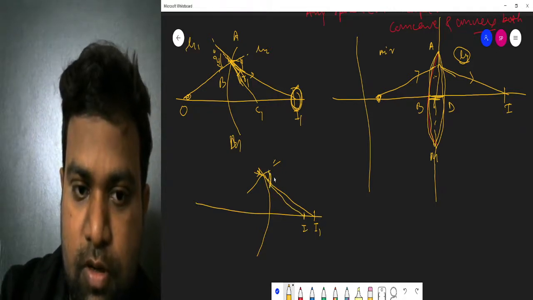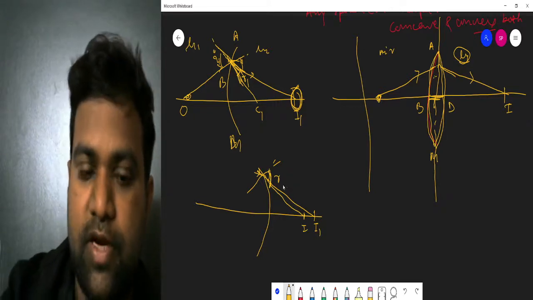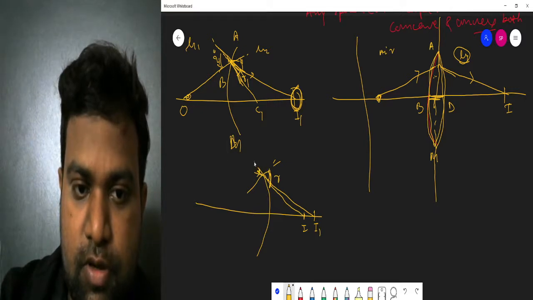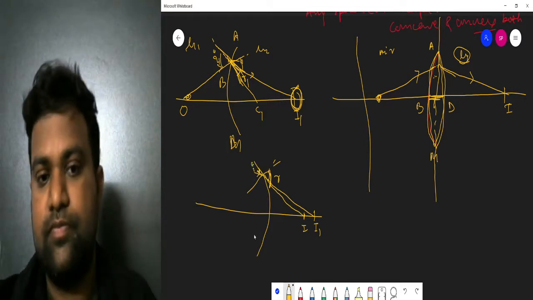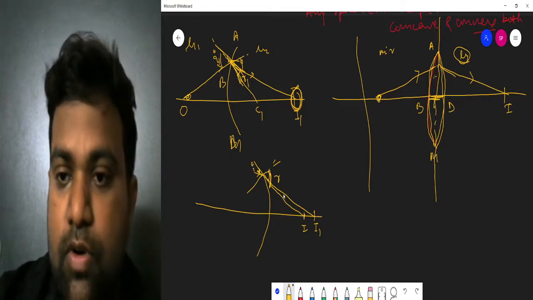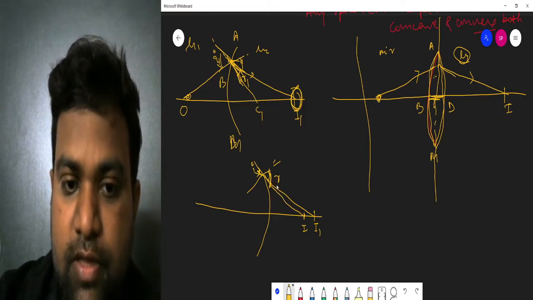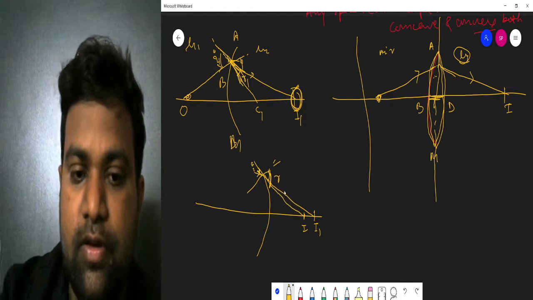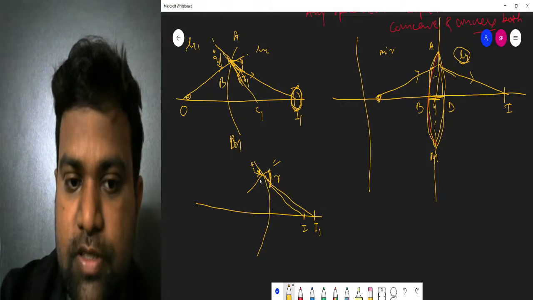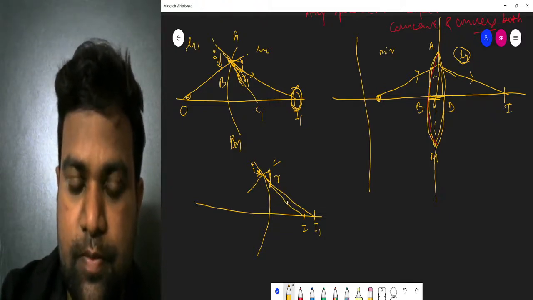This will be your final R, the angle of refraction, and this will be your I. There will be more bending, or you can say the ray will be away from the normal, because the light is traveling from denser to rarer medium, right?